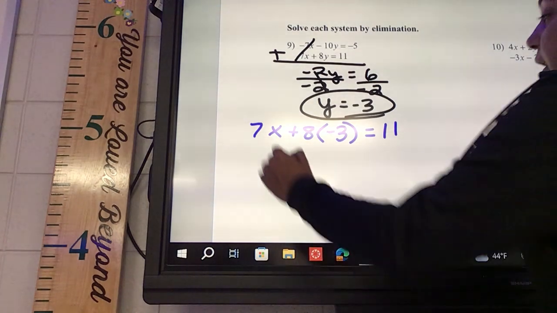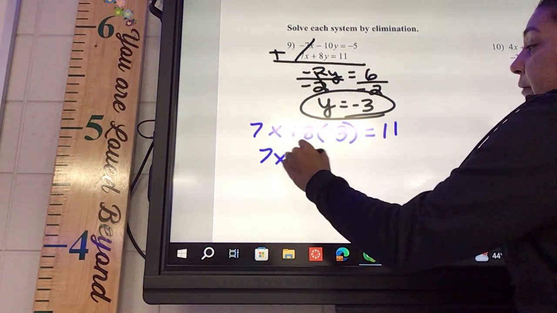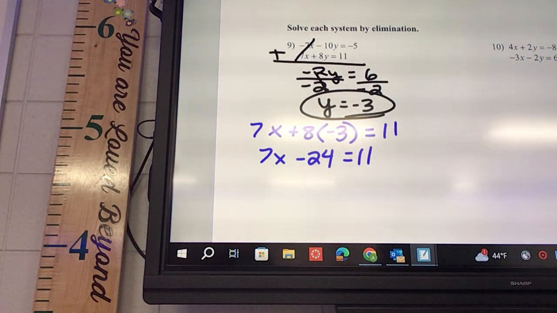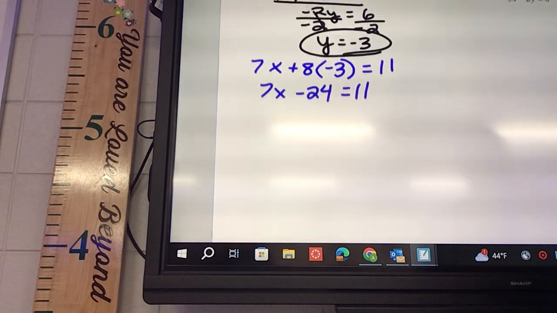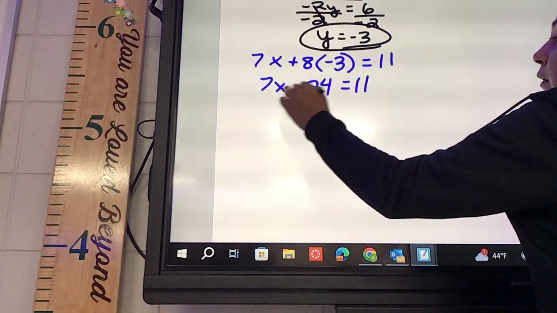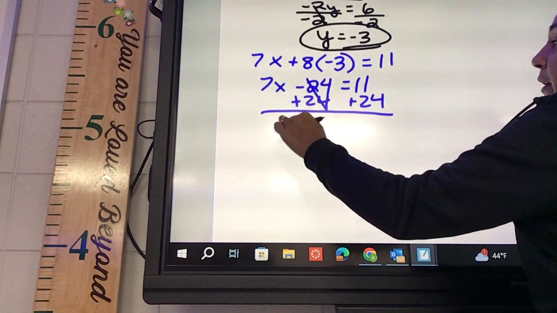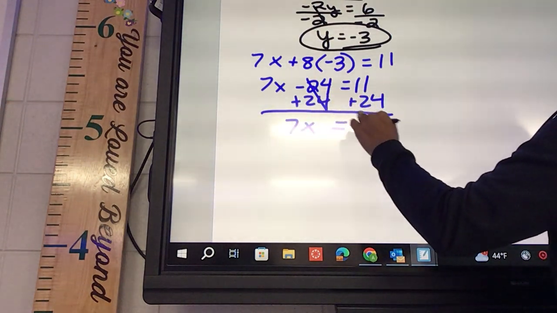Okay, so we're gonna get 7x, well, 8 times negative 3 is gonna be negative 24 equals 11. Okay, then we're gonna add 24 to both sides. Okay, and so I'm gonna get 7x equals 35.